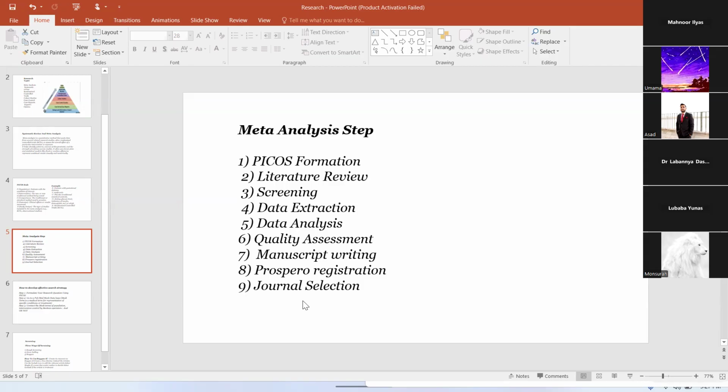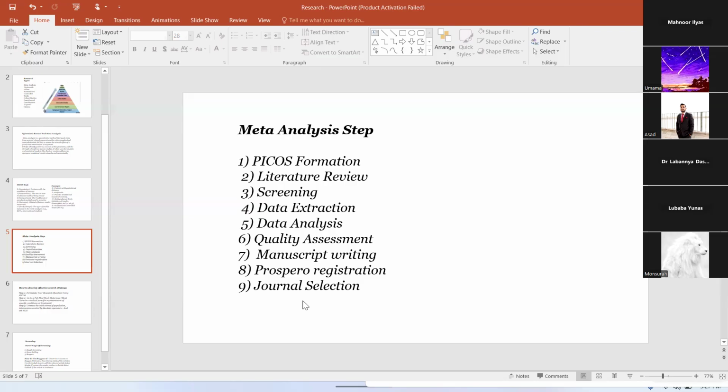I'll show this practically, but first listen to me. You can select a topic by searching for recent studies, not necessarily recent, I mean studies of 2025. They may be of 2022, 2023, 2024; until a meta-analysis is done on that topic, that study is recent for you.